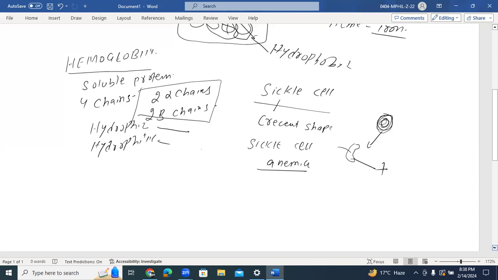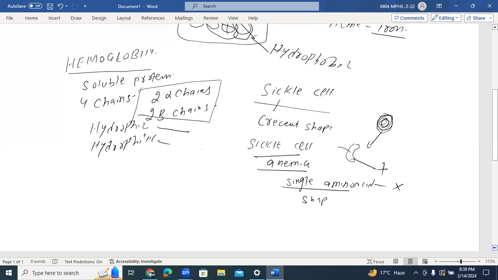For example, if you change a single amino acid, the protein will not perform its function. In case of sickle cell anemia, you have changed a single amino acid, and once it is changed, the protein is not able to perform its function.